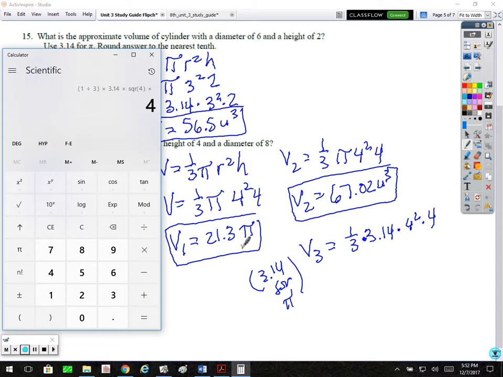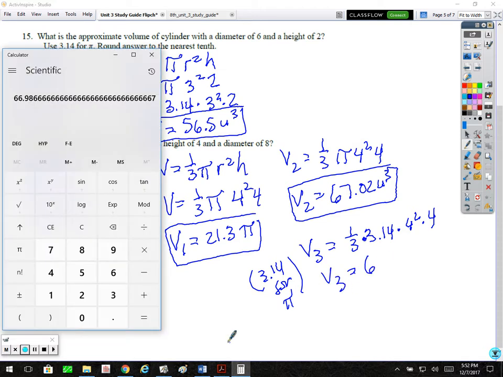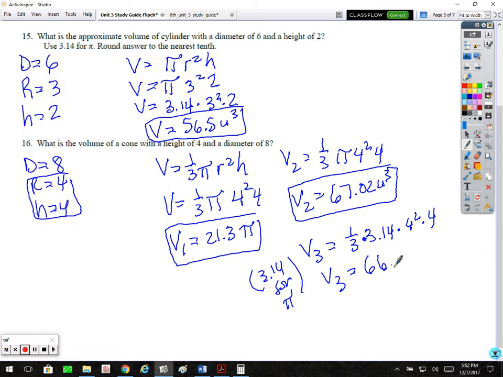And remember, hopefully this is going to come out really close to 67.02. Let's see. Yep, 66.98. So this 6, we're going to round this up to the hundredths. So 66.97. Really, really close. Remember, volume 2 and volume 3 should be almost identical. Should be looking almost the same number, because you're only changing a few numbers.